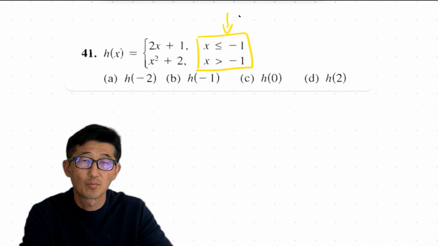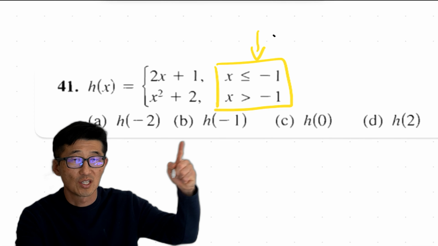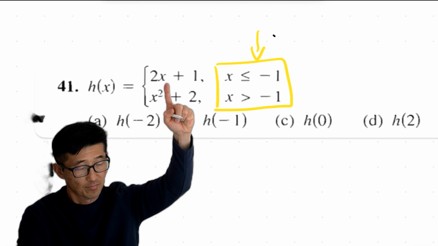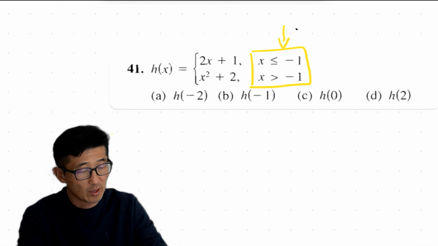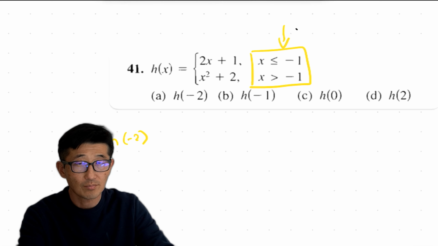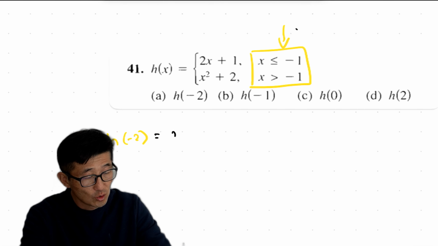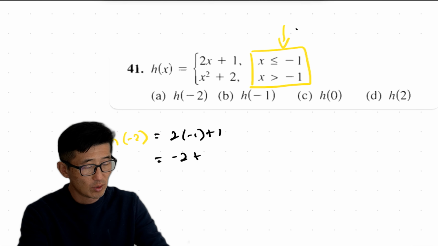If you plug in a -2, what they're telling you is, if your x value is less than or equal to -1, plug it into the top one. You see it? So h of -2 should only be plugged into the very top.